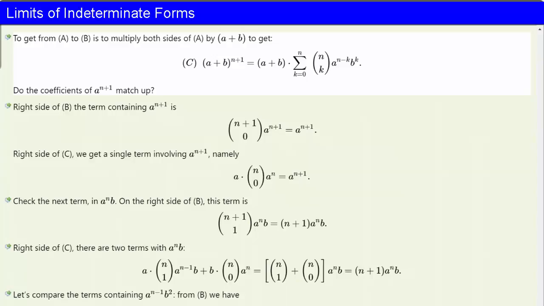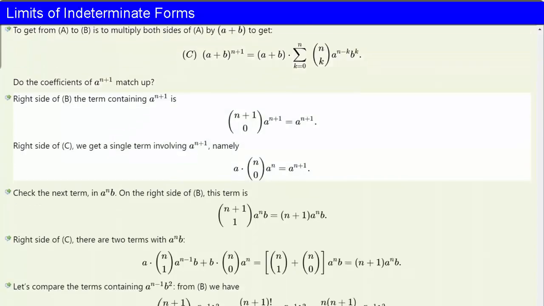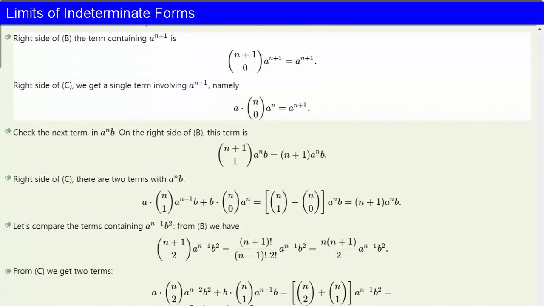Now we have to show that the right-hand side of this last expression C is equal to the right-hand side of B. Let's start small. Do the coefficients of a^(n+1) match? On the right side of B, there is a single term containing a^(n+1).